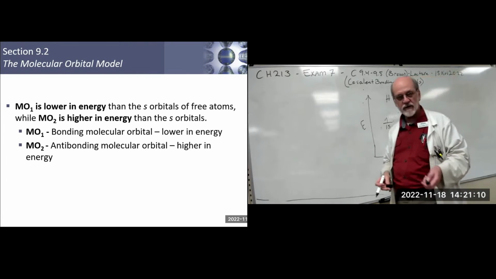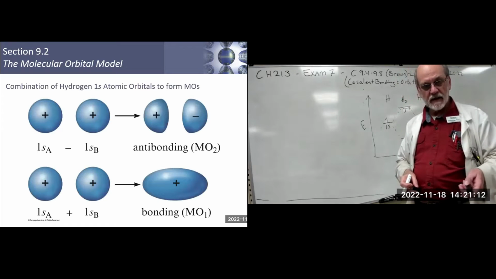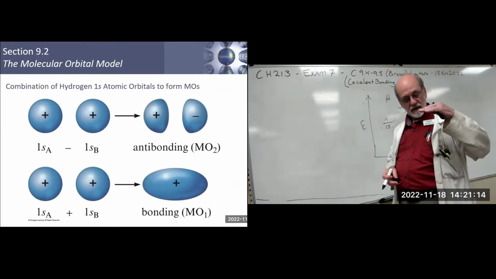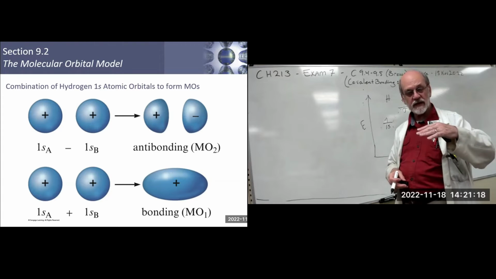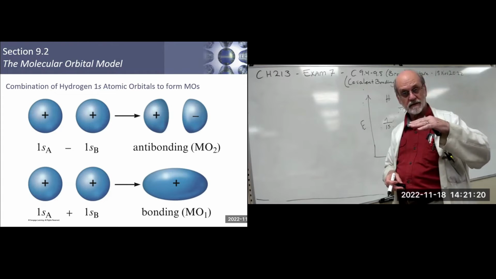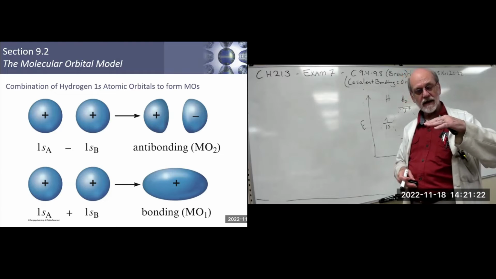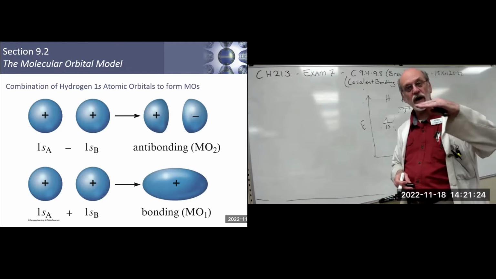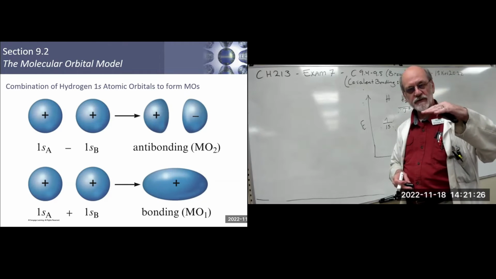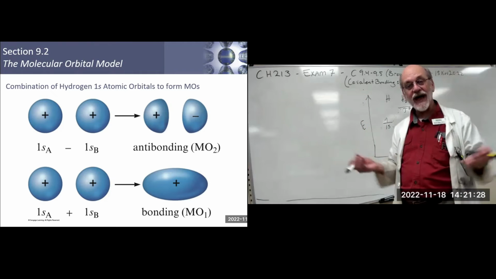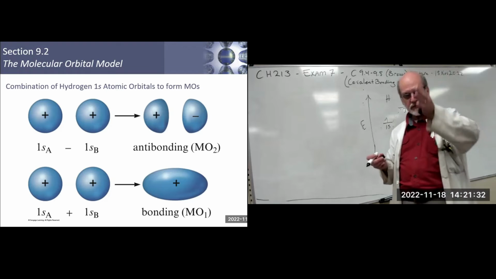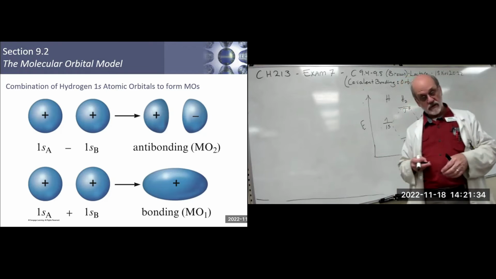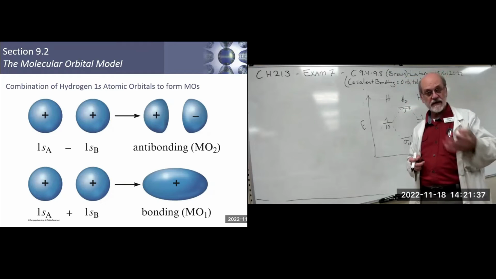And notice from that previous slide, the bonding orbital is on axis with most of the electron density between the nuclei. The anti-bonding is also on axis, but most of its density is outside of the nuclei with a node in between. So that means, obviously, it's anti-bonding.